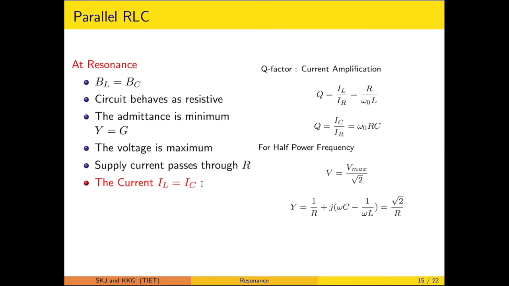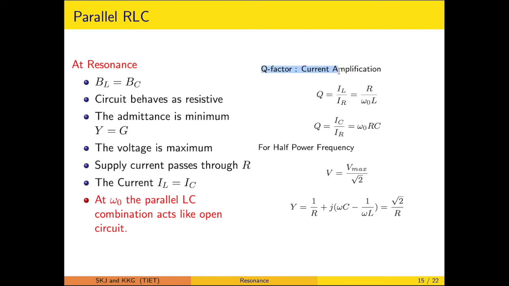That suggests that the parallel LC combination acts like an open circuit. In case of series, the series LC combination was acting as a short circuit likewise. So although it is acting as an open circuit, that doesn't mean that IL is equal to 0 or IC is equal to 0.